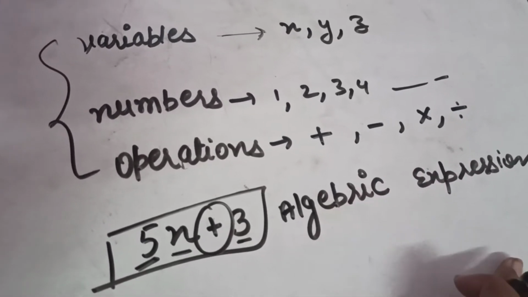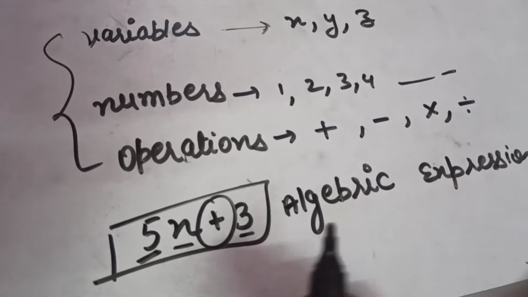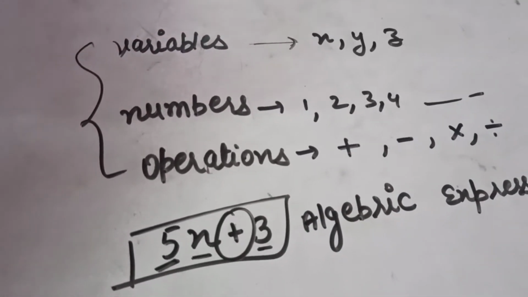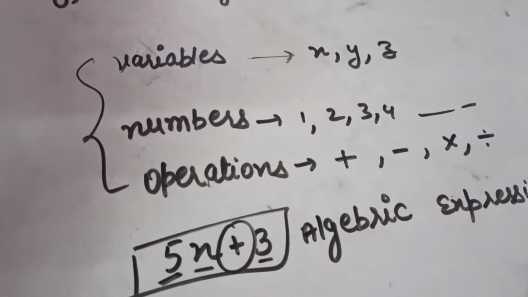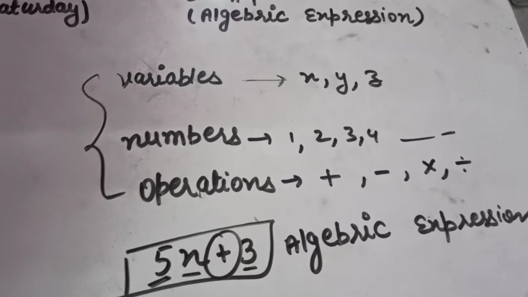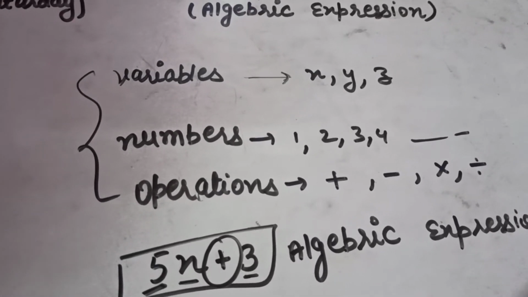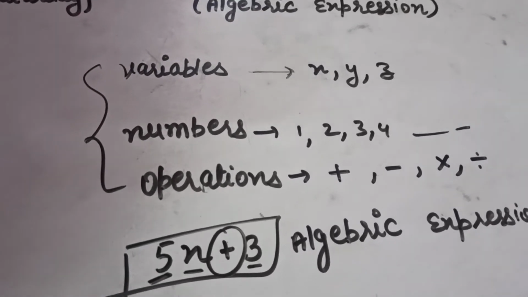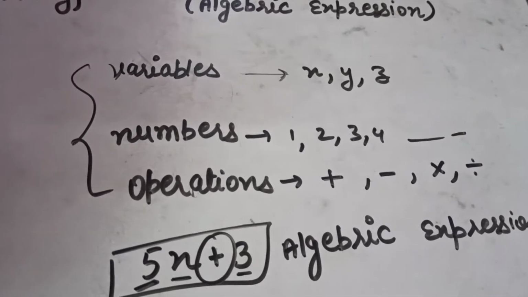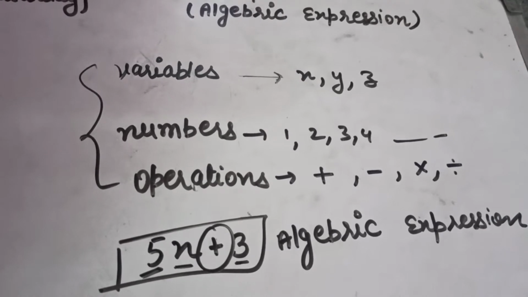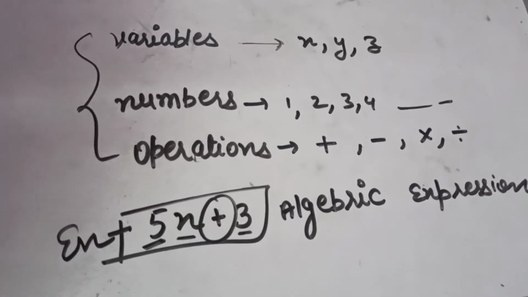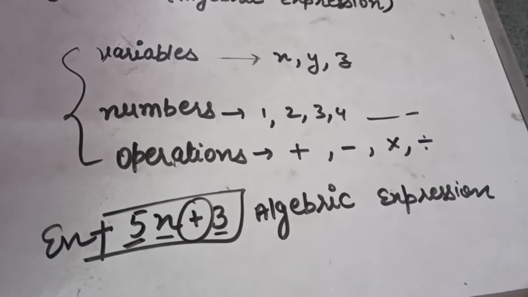In this you can use addition, subtraction, multiplication, division, or all 4 operations. Clear about this? What is an algebraic expression? An algebraic expression is a mathematical expression which contains variables, numbers and operations. Like this is an example of an algebraic expression.